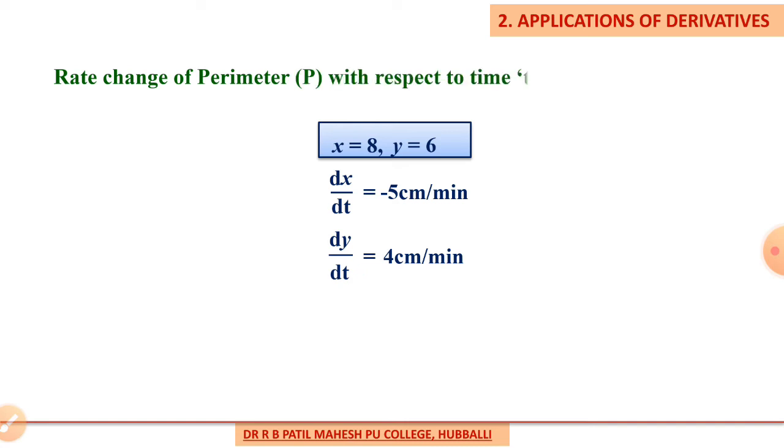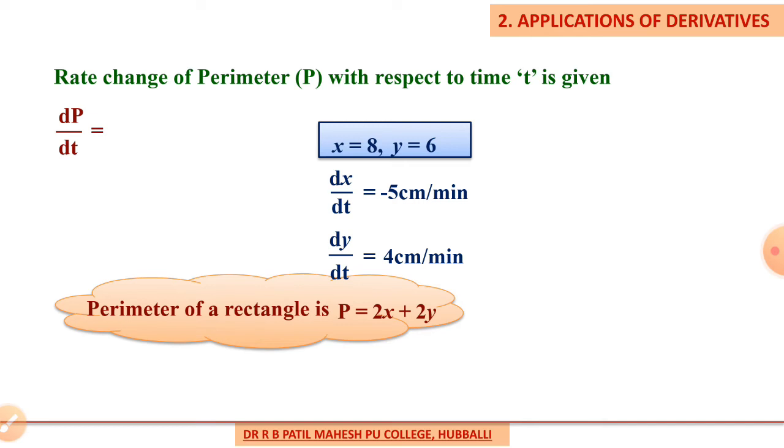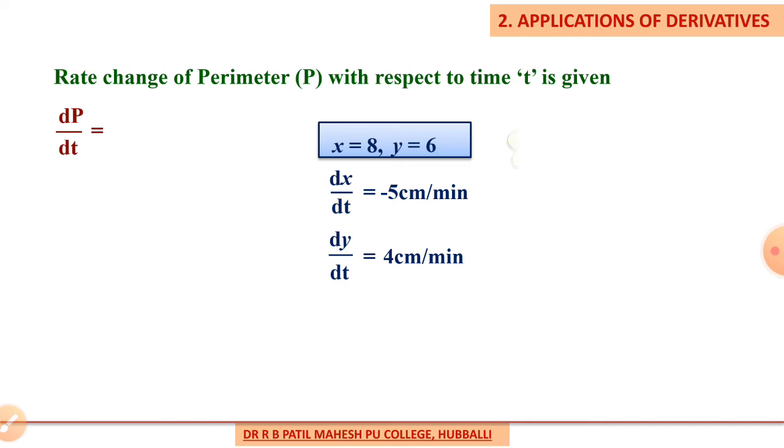Okay, first we can start with the rate of change of the perimeter P with respect to time t, given by dP by dt. This is the formula for the perimeter of a rectangle, that is P equal to 2x plus 2y. So by using this derivative formula we get dP by dt is equal to 2 into dx by dt plus dy by dt.